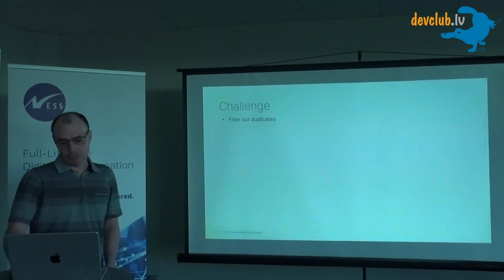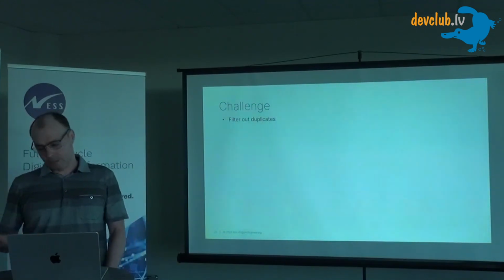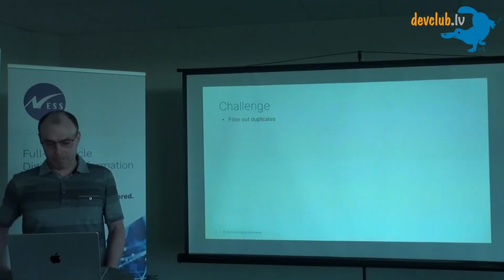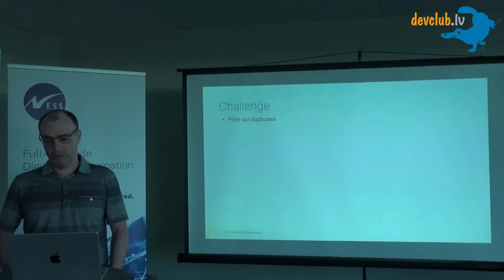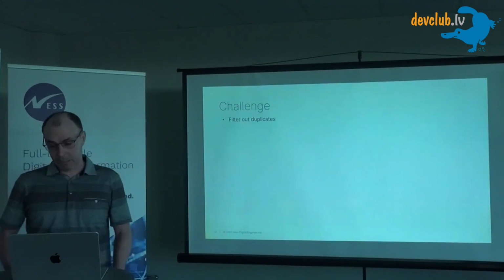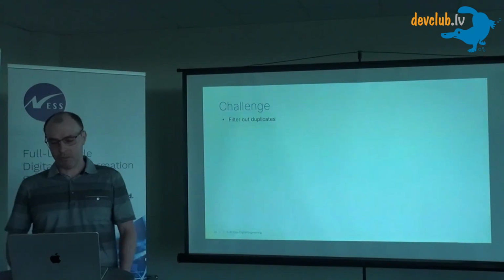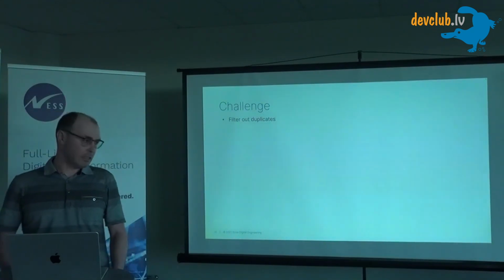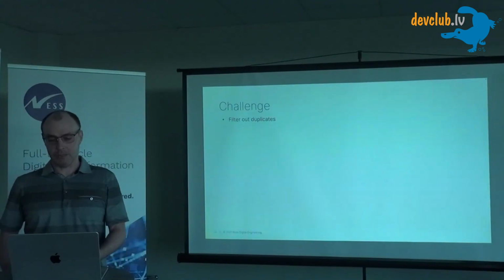So the challenges and difficulties we overcame. Since we don't use transactions on the Kafka loader, so we are talking about the Kafka producer, we are using at-least-once delivery semantics, so potentially we could get some duplicates on Kafka, and as a result we will get those duplicates on the Flink loader side as well.